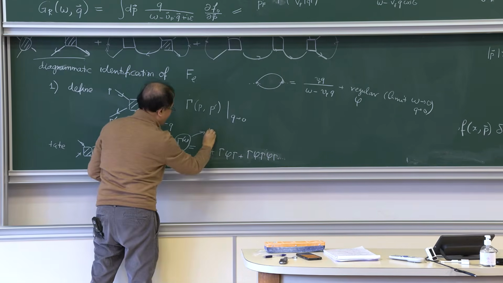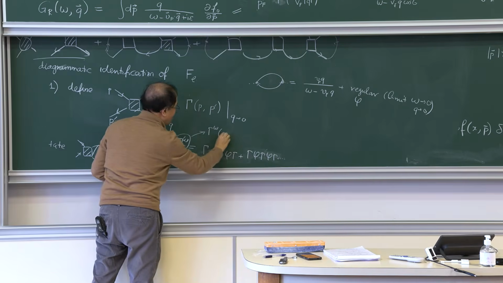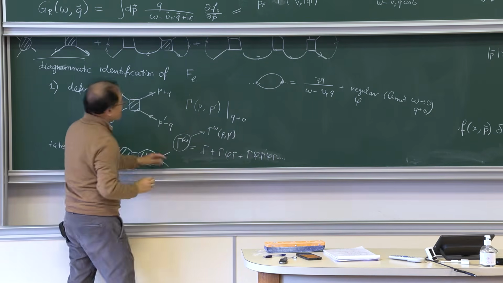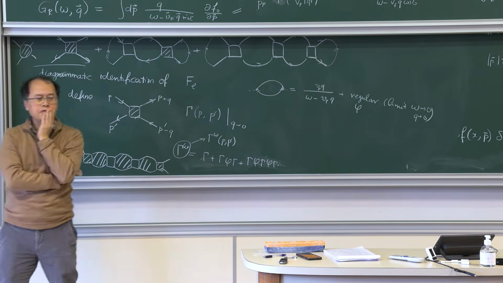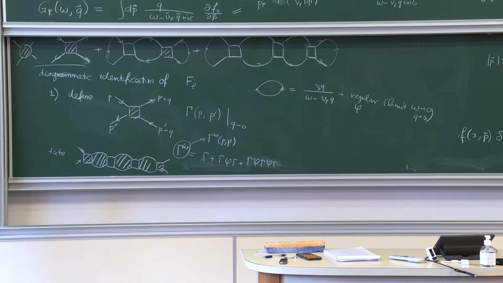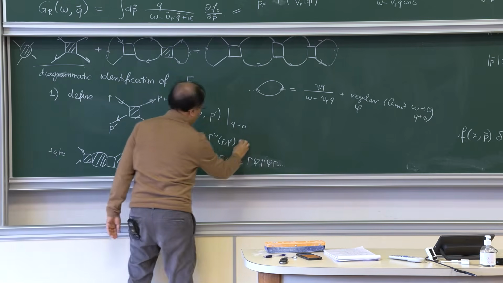This one is a function of two parameters, p and p prime, that is directly proportional to the Landau parameter. Okay. So this is the Landau parameter.